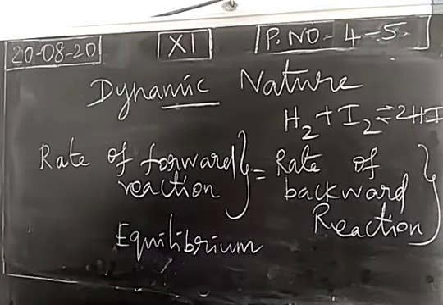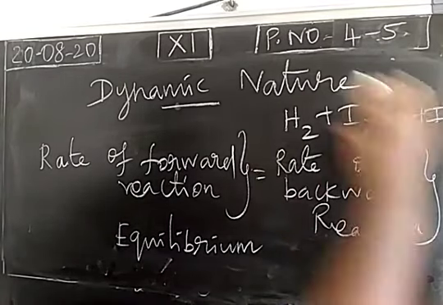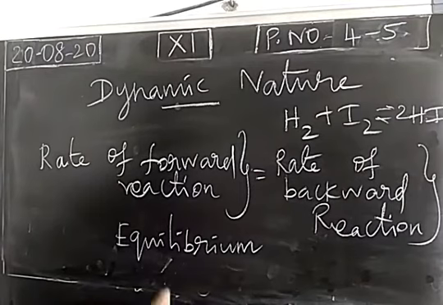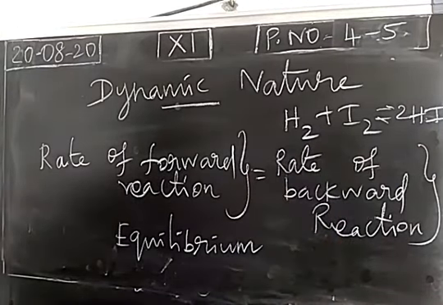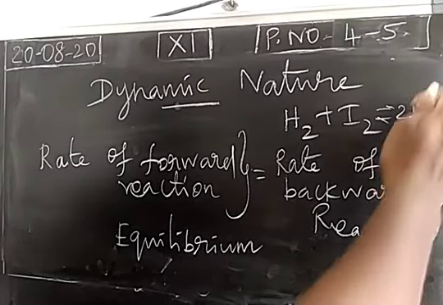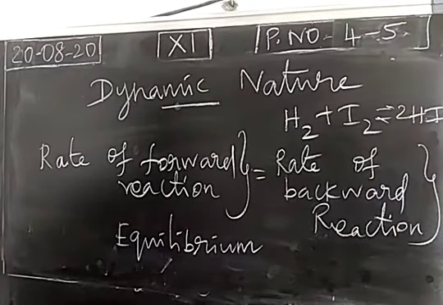At equilibrium, the mixture is called the equilibrium mixture. So once equilibrium is reached, we get an equilibrium mixture which contains both reactants as well as products. Right? So once equilibrium is reached, we cannot get pure hydrogen iodide. At the same time, we cannot get pure hydrogen and iodine.